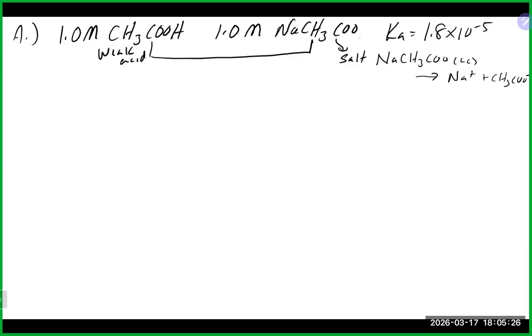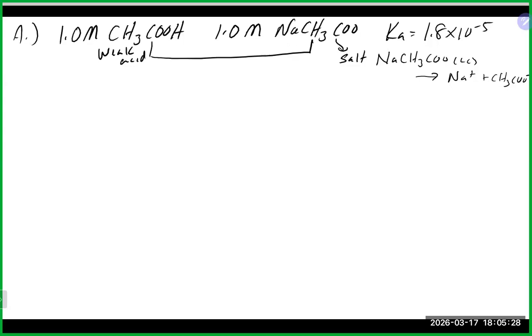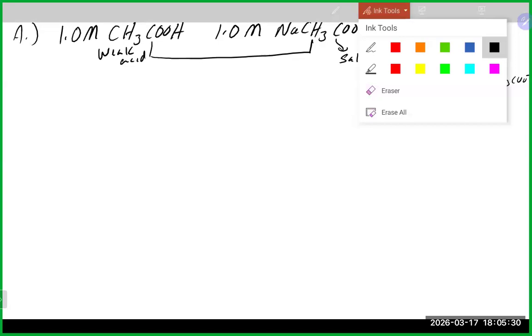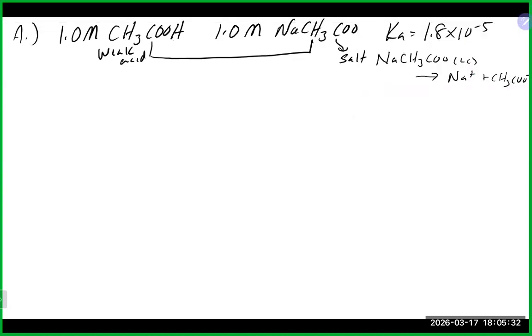So again, it is the acetate part and the acetic acid part that are one H+ difference from each other. And those are your functioning parts of this particular buffer, with the acetic acid being the acid part of the buffer, and our acetate being the base part of the buffer.